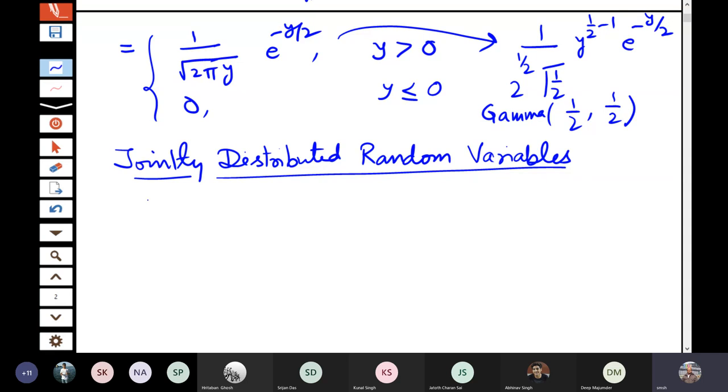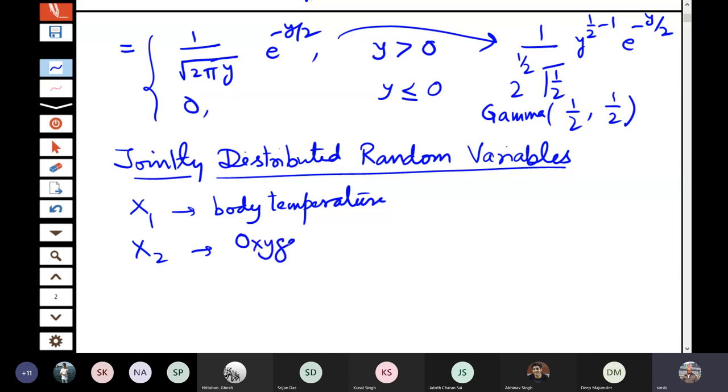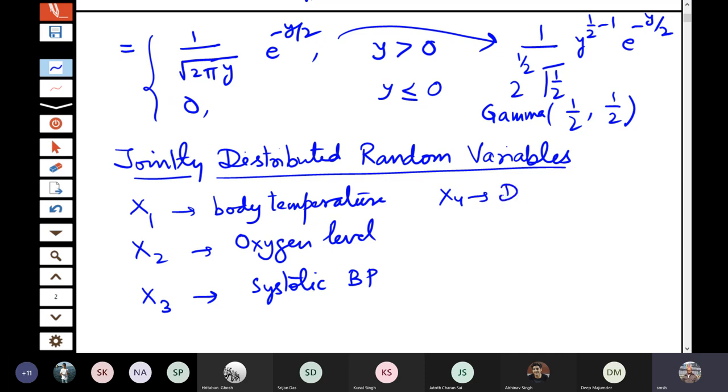So X1 could be body temperature, X2 could be oxygen level. Nowadays, if you get a fever and you go to hospital, they will check oxygen level all the time. And then of course your systolic blood pressure, X4 could be diastolic blood pressure, and maybe X5, they will take the pulse rate and so on.